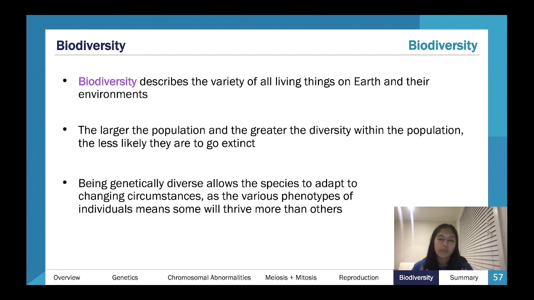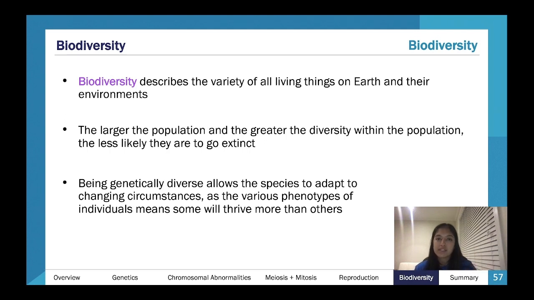If you have a small population, you're not going to be as genetically diverse because you have fewer members that have fewer different characteristics. At the same time, you can have a large population and they can all be genetically similar, which isn't that good. But generally, the larger the population is, the more alleles you've got in there, the more they're mixed around, the more they're different. That's beneficial.